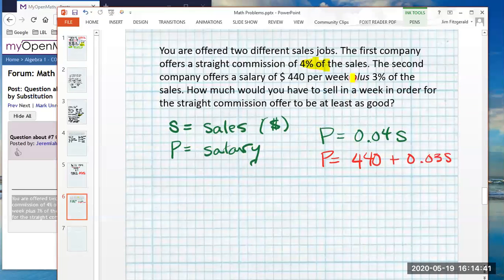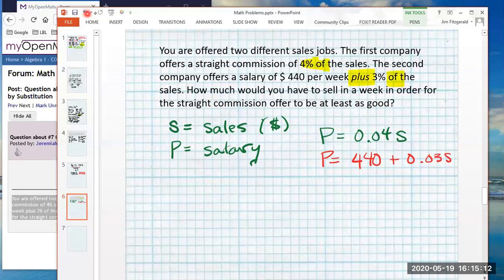And then we've also got the plus, so it's addition. And then again, we've got the word of there. So our pay in the first case is 4% of, or times, the sales. And in our second case, the pay is equal to $440 plus 3% of, or multiplied by, the sales.